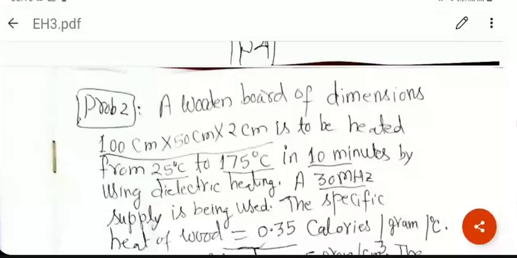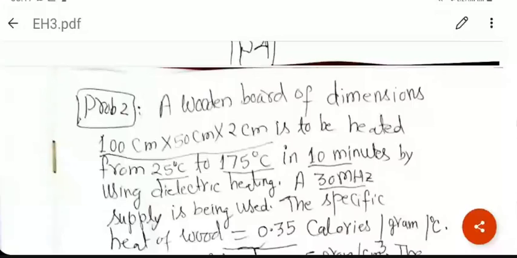This is a furniture application for how to use dielectric heating for making furniture long lasting. Moisture, etc. is taken out by heating it gradually.